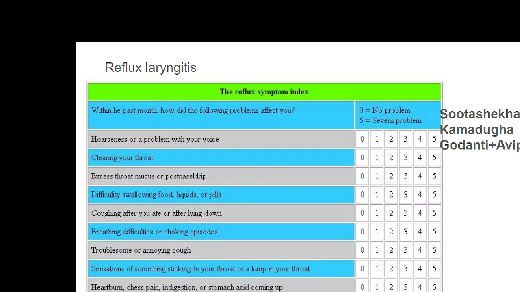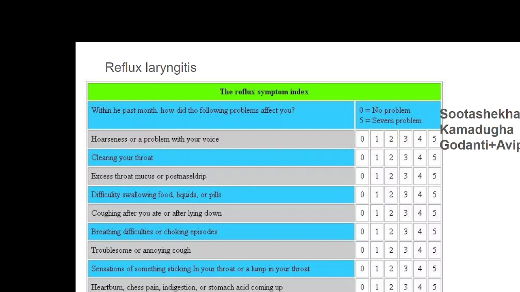So depending upon this score, you can decide. Coughing after you eat or after lying down is a typical feature of reflux laryngitis. Breathing difficulties or choking-like episodes are also more common in reflux pathology. A troublesome or annoying cough is also a typical feature of reflux laryngitis.